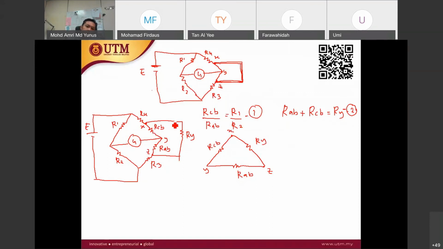So it basically looks like a delta connection between points X, Y, and Z.